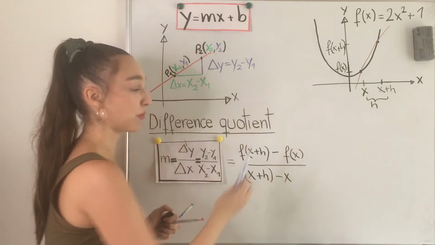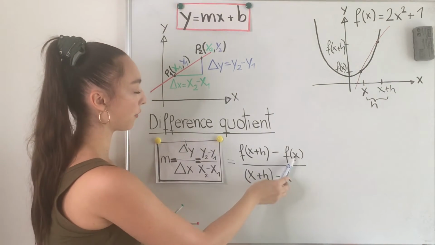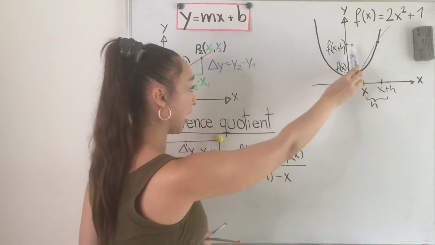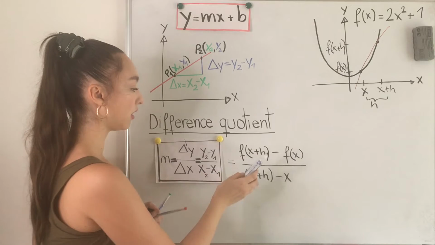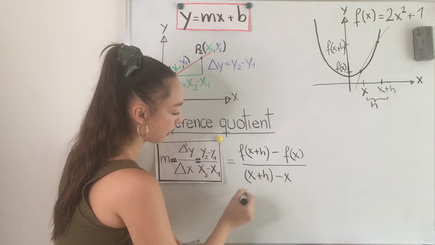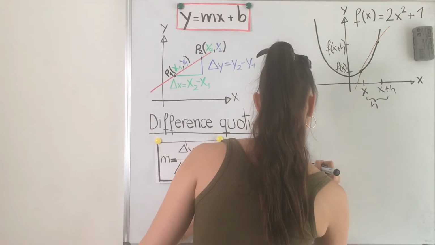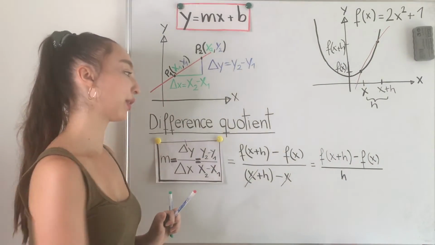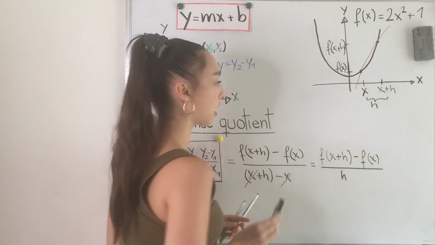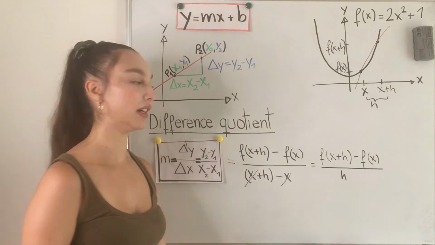The coordinates of point number 1 are x and f of x, and the coordinates of the second point are x plus h and f of x plus h. Now, this and this are going to cancel, and we're left with this. So this would be the slope of a secant line that has 2 points in common, and one of them is the one that we want to calculate the slope of the tangent line at.